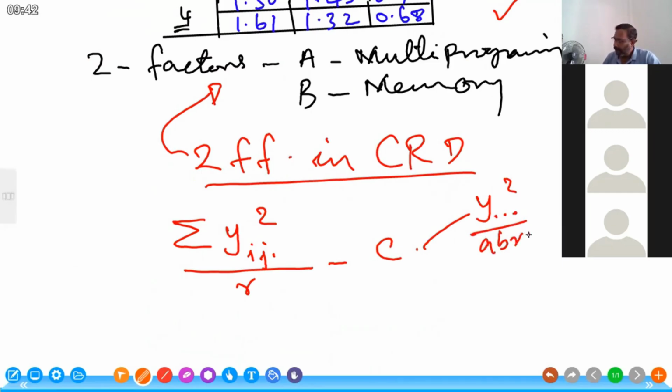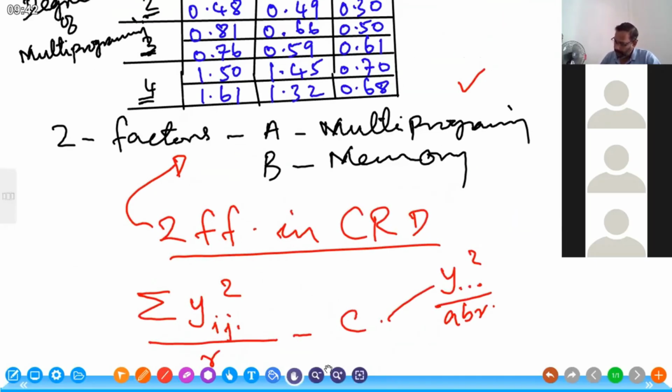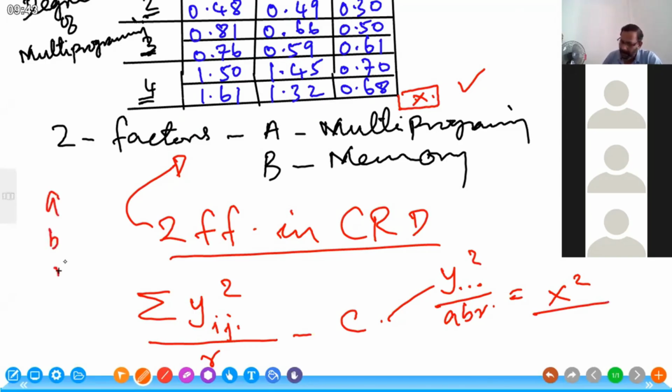If you add the total, let's say it is x, then this is x squared divided by how many levels in A, how many levels in B, how many replicates. What is a, b, r in this example? Anyone?